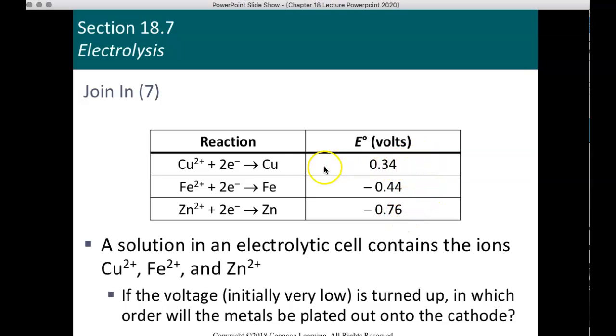So starting at a low voltage, copper is going to plate out first. Then as you continue to turn it up, once you get to above 0.44 volts, iron will plate out. And then once you get to above 0.76 volts, the zinc will plate out. And again, this first reaction already has a tendency to occur without adding anything because it's got a positive voltage. So this one is spontaneous in the direction that it's written. So the copper will come out first, followed by the iron, and then the zinc will be last.